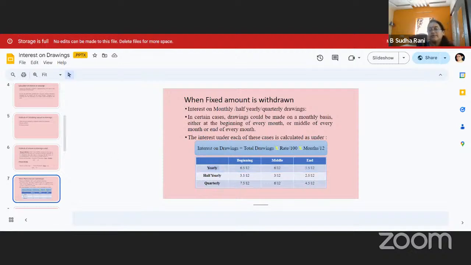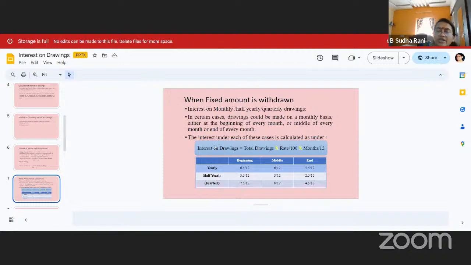Yes, he will give you. And other than this, in long answer questions, if interest on drawings is specified, the total drawings are given, and rate of interest is given, you should assume 6 by 12. Time is important always. If nothing is specified, we will take 6 by 12. If beginning or ending is specified, you should take accordingly.